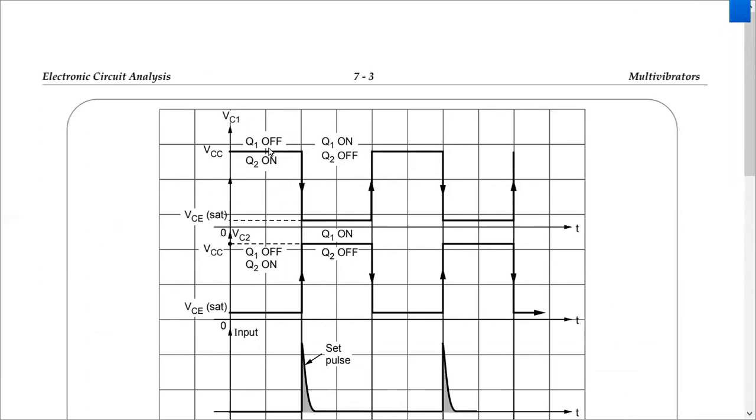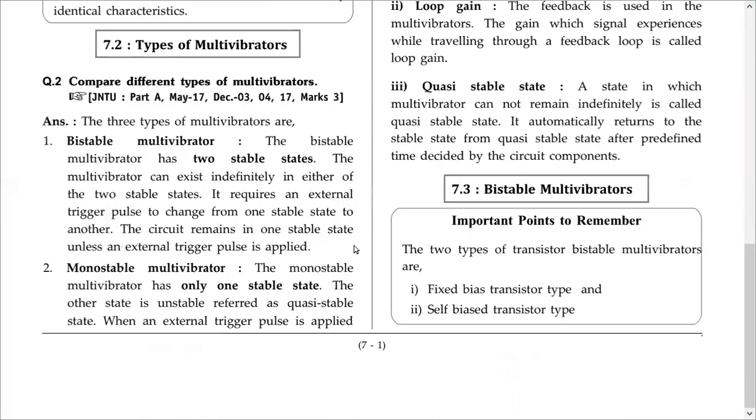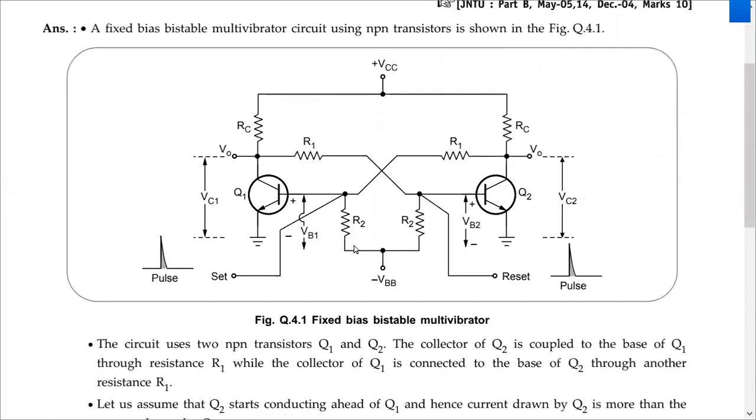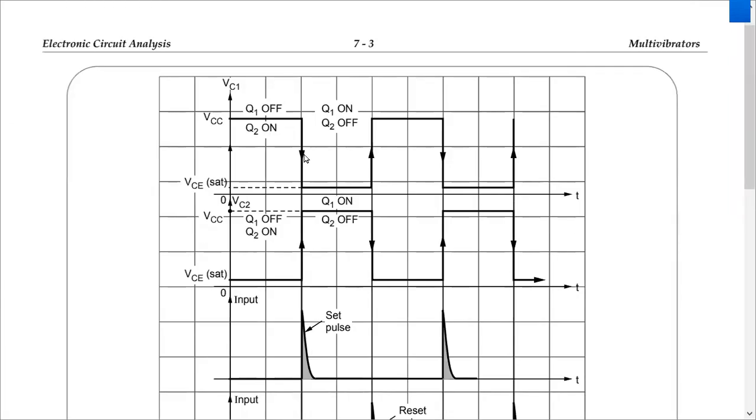Initially VC1 was high, now it becomes low. VC2 was low, now it becomes high. Suppose the first duration is this, second duration, we are here.